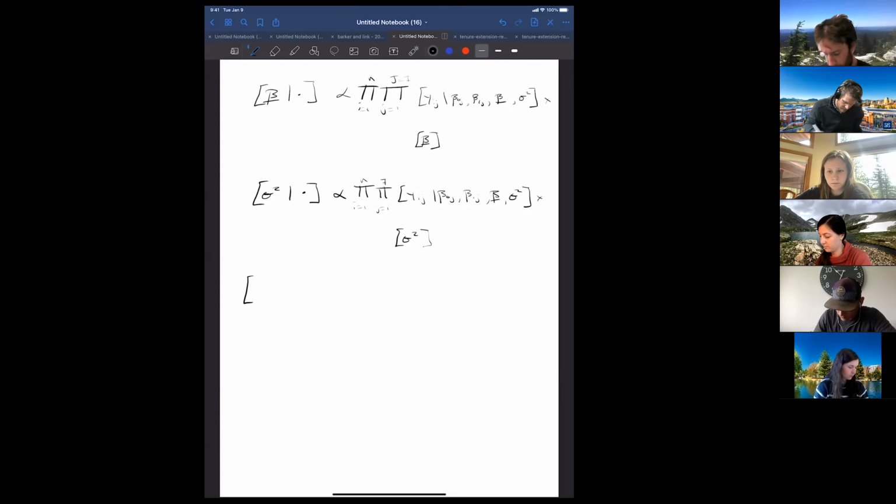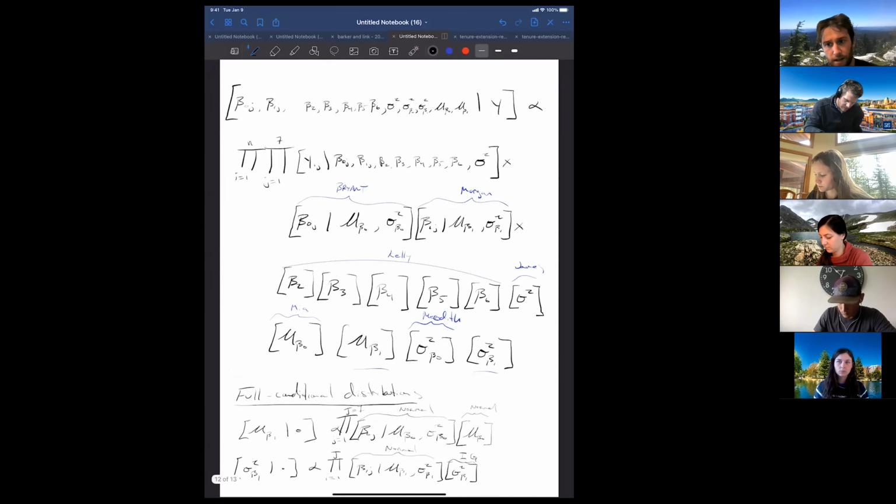Yes, beta 0J. And I believe we just have the single product sign for J here. So beta 0J is in here, so that means we're going to need this whole thing.